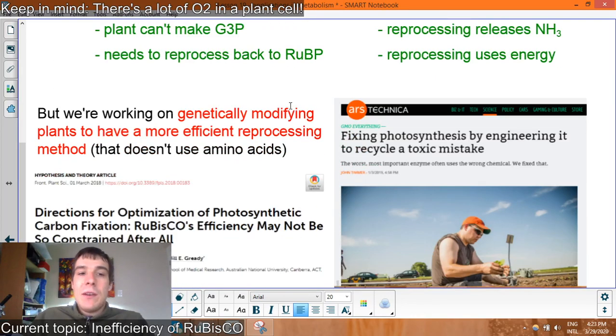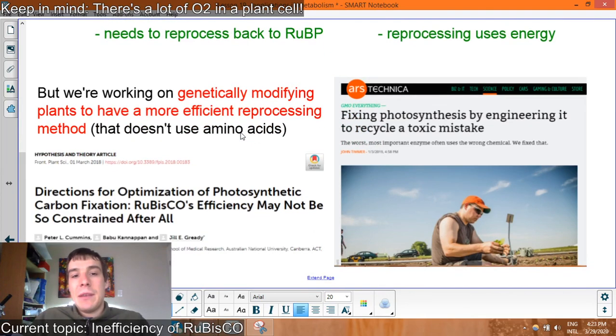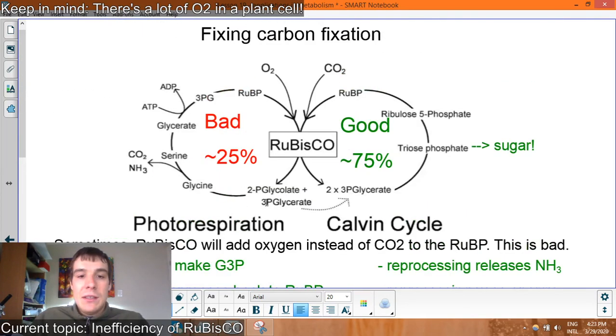So what we are working on is genetically modifying these plants to have a better reprocessing method. So trying to take this 2P glycolate and somehow turn it into the 3PG without going through the amino acids, or maybe turning it back into RuBP without going through the amino acids, so that at least we can avoid the extra energy wasting and the extra NH3 waste and the CO2 coming out, which would just kind of go back out into the air and stuff like that.